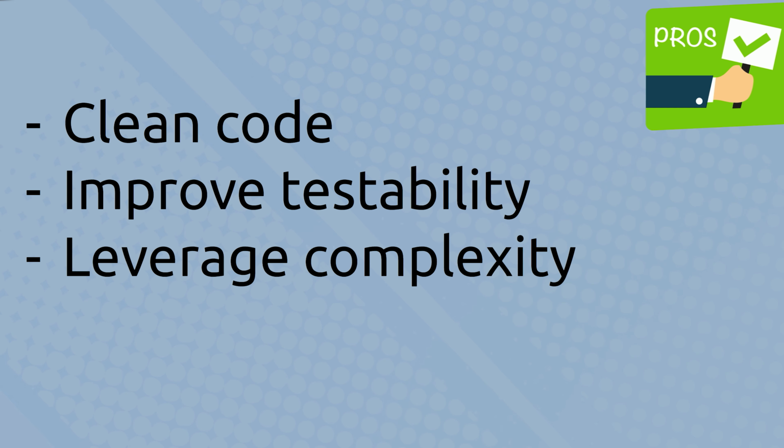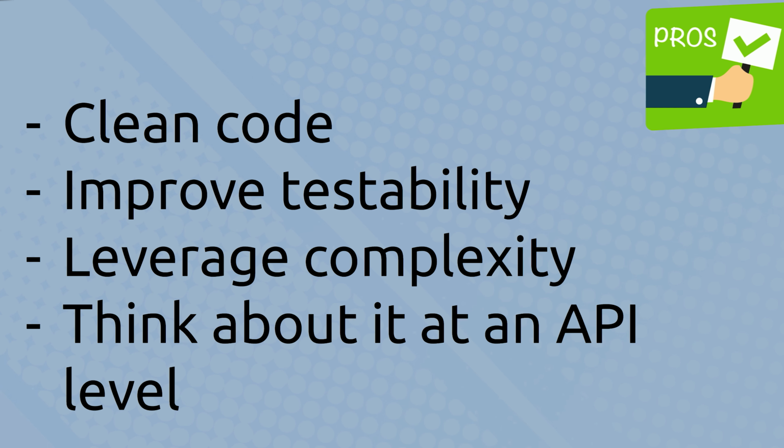I already said it, but the intent of that design pattern is to hide. A facade is like a shield somehow. It's like a synonym for a shield, so you're shielding the complexity behind an interface, basically. You can think about it at an API level or libraries when you design a facade pattern.